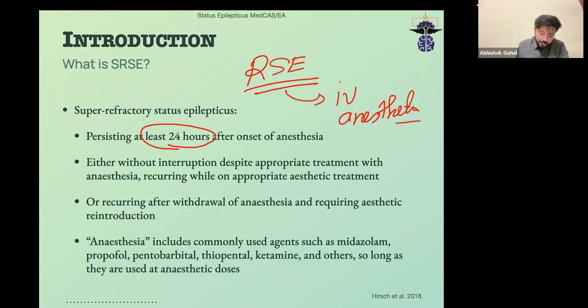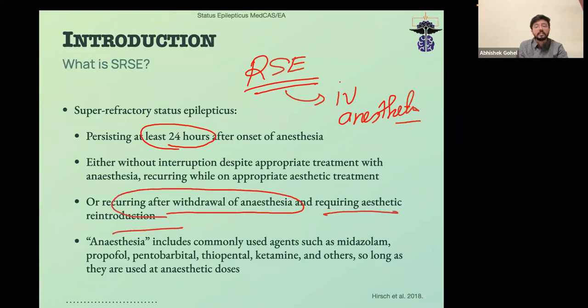That means the patient is either refractory to this anesthesia for 24 hours, or they recur after withdrawal of these anesthetic agents and require anesthetic reintroduction, correct? So this is super-refractory status epilepticus. And the anesthesia can be midazolam, phenobarbital, propofol, thiopental, ketamine, and they should be at anesthetic doses.